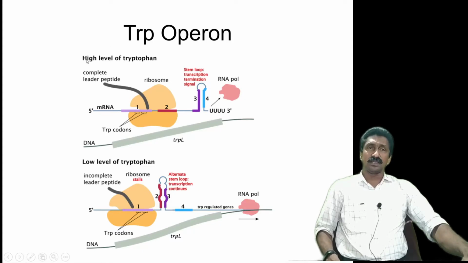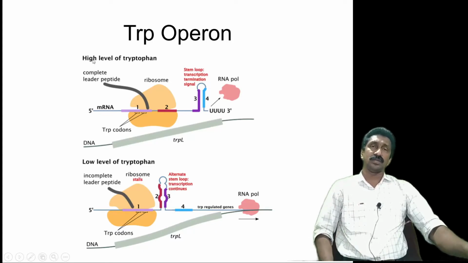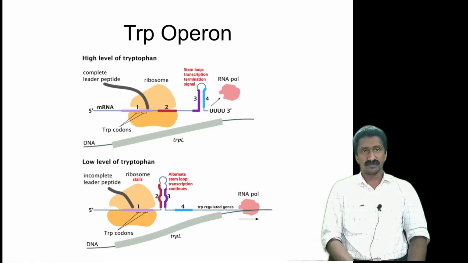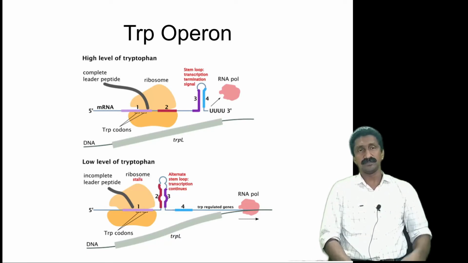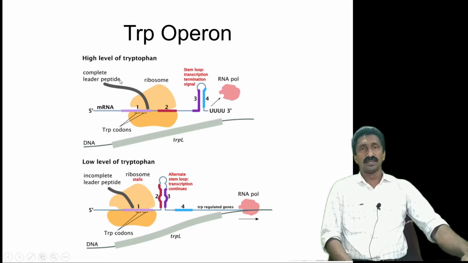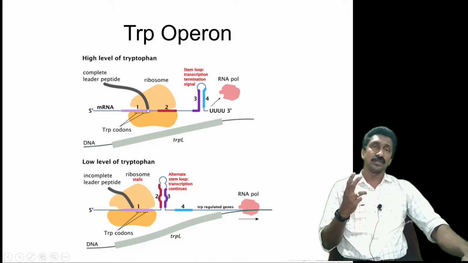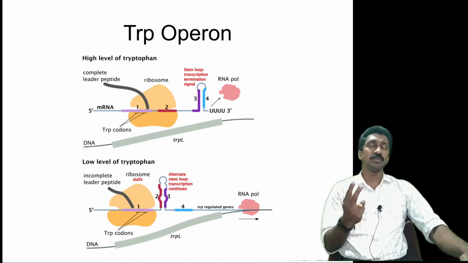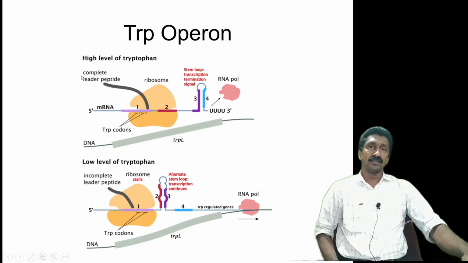Here you can see a scenario in which a high level of tryptophan is present in the medium. So what happens? The complete leader peptide is produced. So this is the mRNA, this is the ribosome complex, and as you know, in the leader region there are two triplet codons which demand tryptophan.